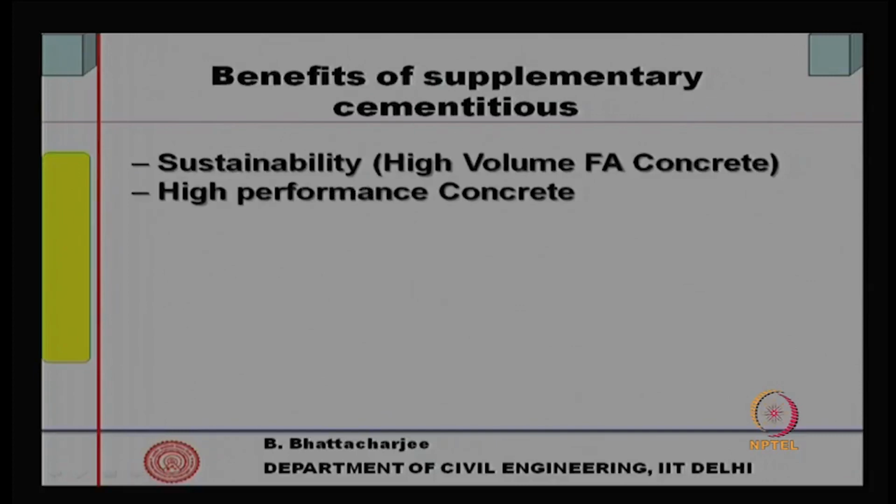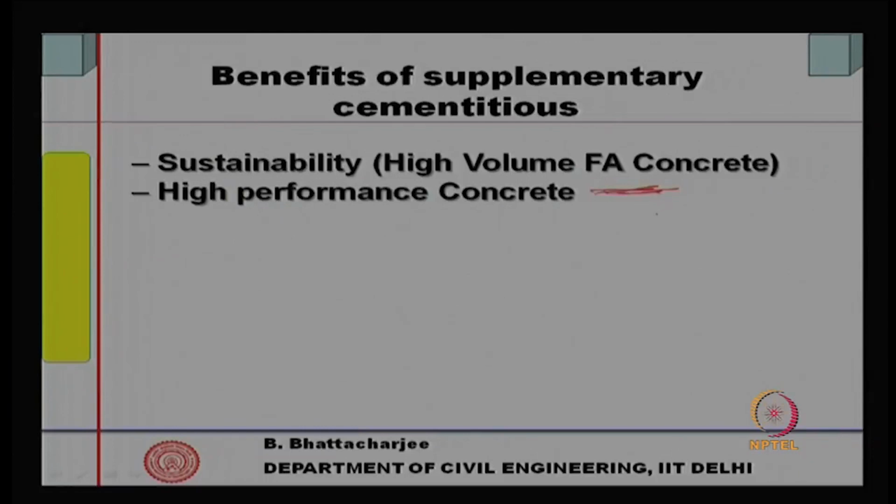Well, the benefits from the supplementary cementitious materials are, since you reduce the cement clinker, carbon dioxide emission is reduced. Fly ash, being an environmentally hazardous material, can be used in cement, therefore they can give you sustainability. In high volume fly ash concrete you use as much as 50% fly ash. We will discuss this sometime later on.